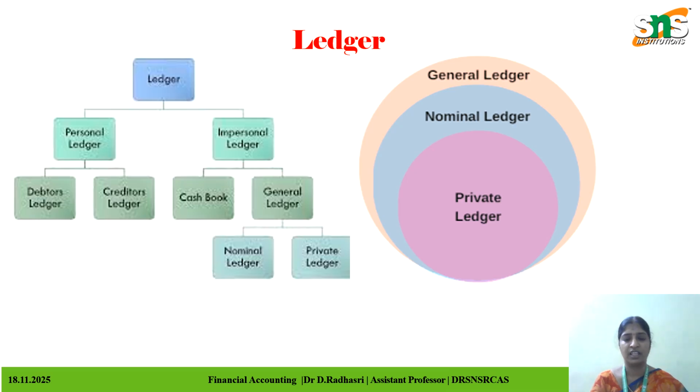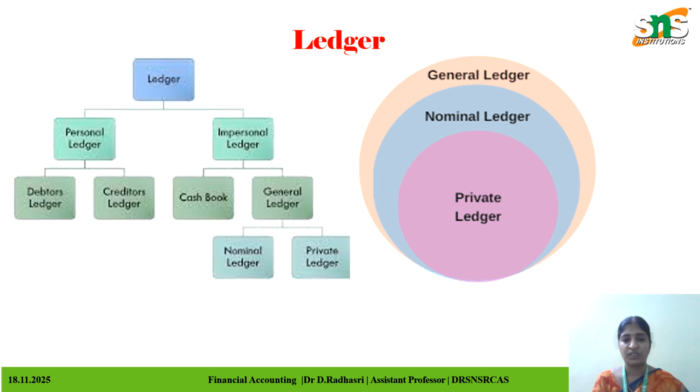Next we can talk about the personal ledger and the impersonal ledger. In the personal ledger, we have the debtors ledgers and the creditors ledgers. In the impersonal ledger, we have the cash books, the general ledger and nominal ledgers. We can also speak of the private ledger. In separate categories, the personal ledger covers the personal and real accounts, and can be taken to the debtors and creditors ledgers.